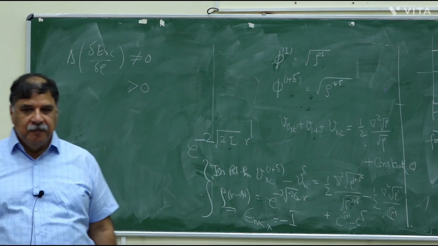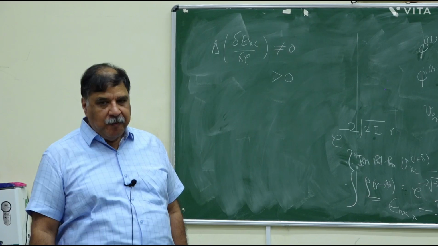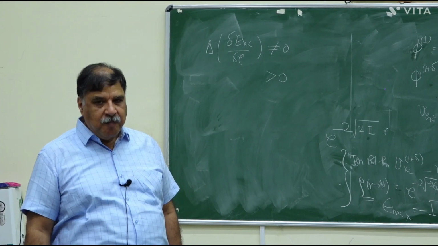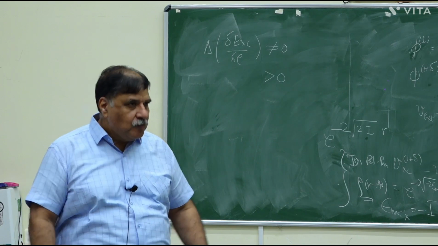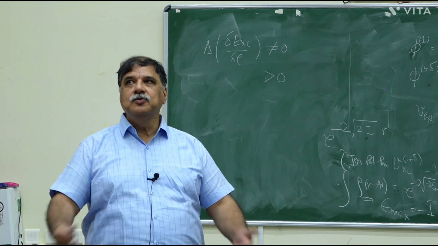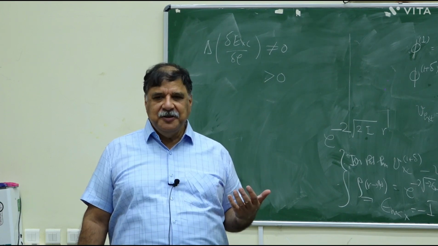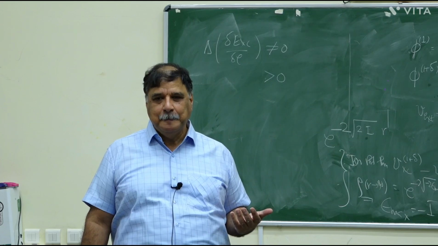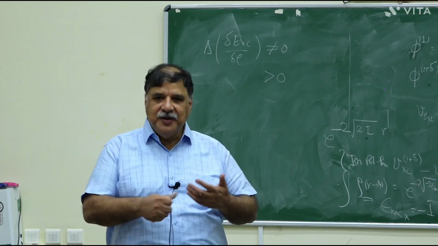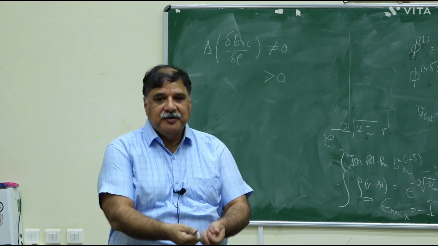So the source of derivative discontinuity is the inadequacy of the EXC due to the locality. True, the local approximation. We are trying to take the self-energy, which is a non-local operator, and replace it by a local operator. Or somewhere it has to show up. A non-locality which comes, somehow you're trying to bring it somewhere.